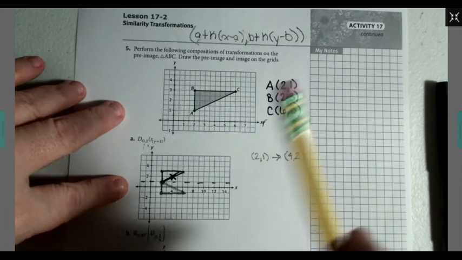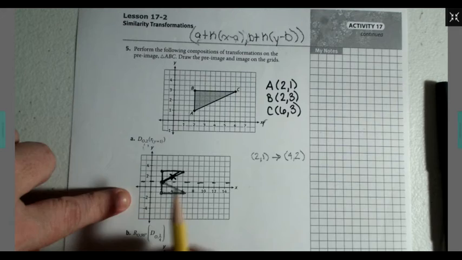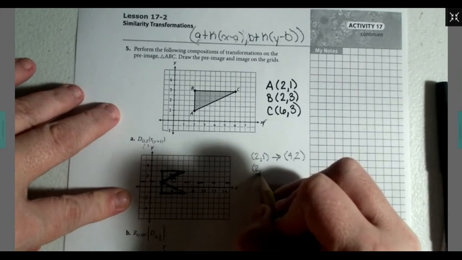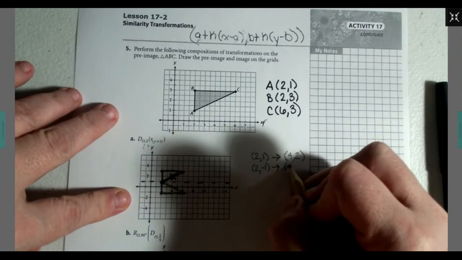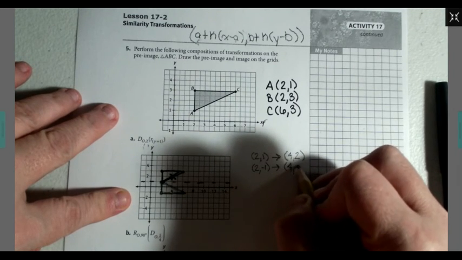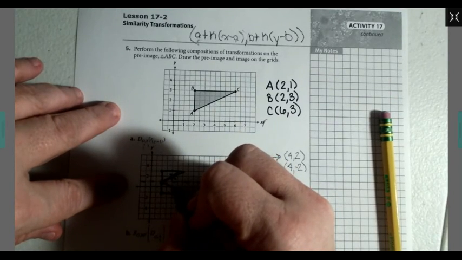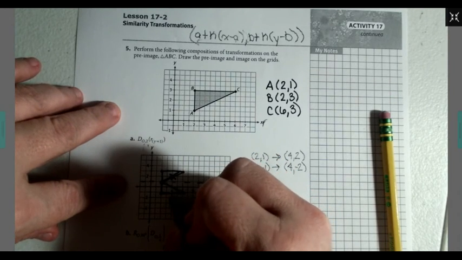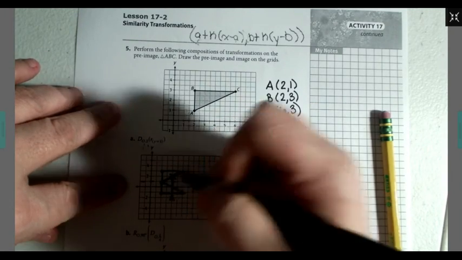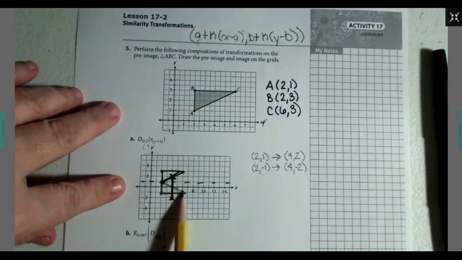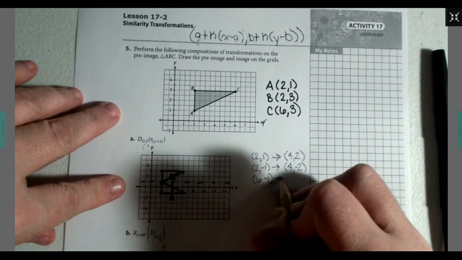Okay, let's take a look. Here we have the point 2, -1. Going to multiply by a scale factor of 2. So that's now going to be 4, -2. That's right here. Okay. This point is located at 6, -1.